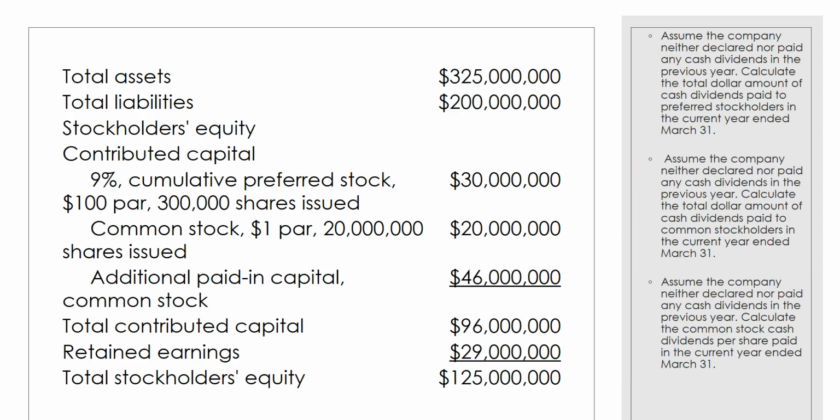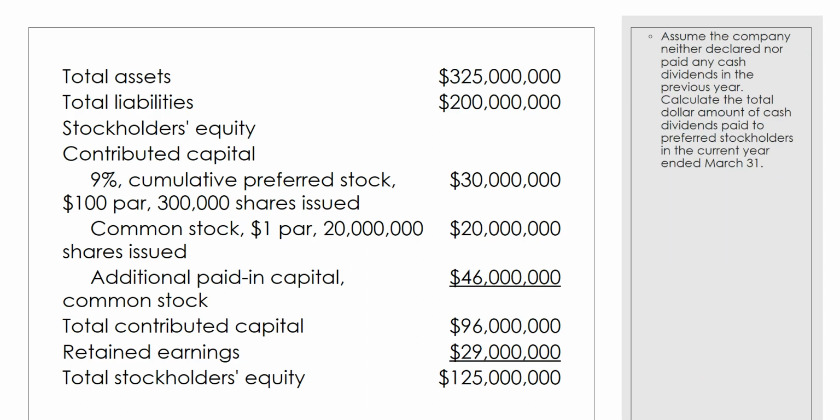Now let's run a different scenario. Let's see what happens if dividends last year had been skipped. So the company did not pay any dividends last year, and now they're paying the $6 million in dividends. Because this preferred stock is cumulative, we have to pay both last year's dividend and this year's dividend.